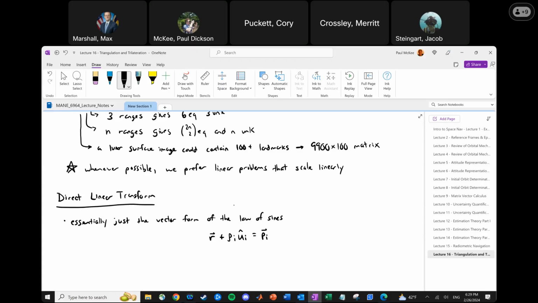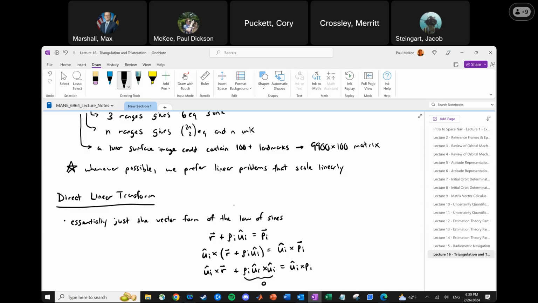I'd rather ignore the ranges entirely, and here's a cool way to do that. We're going to take u_i crossed with both sides of this equation. So u_i crossed (r plus rho_i u_i) is equal to u_i crossed p_i. Okay. Well, then, in this case, this is u_i crossed r plus rho_i u_i crossed u_i. But you might remember that any vector crossed with itself is just 0. And hey, look, the range is then zeroed out in this case.